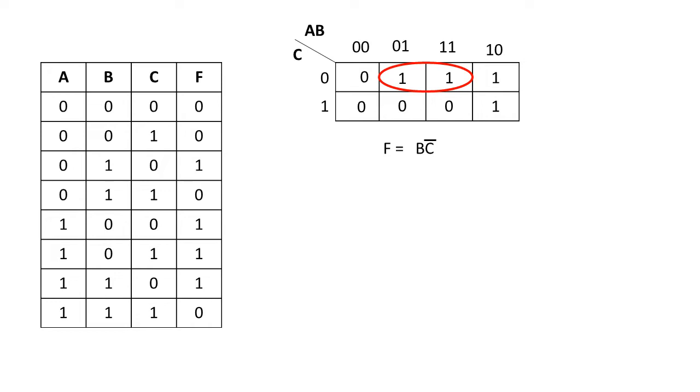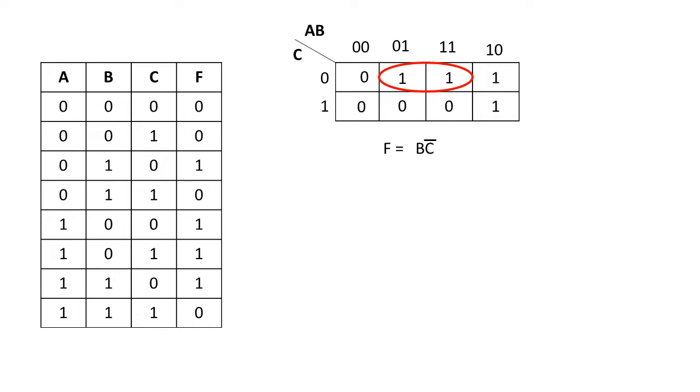These 2 ones, observe the position: B is common, so we have to select the common position. See, B is 1, B is 1. The position of B where these 2 ones are put is 1.